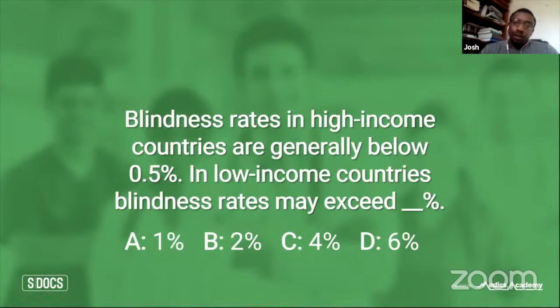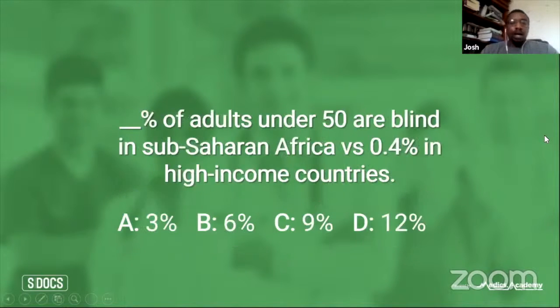So once again, just have a little think about that and think of what your answer could be. And the answer for this is 2%. Blindness rates in low-income countries may exceed 2%. And again, you're already starting to see the idea of the disparity that is really evident in global blindness.